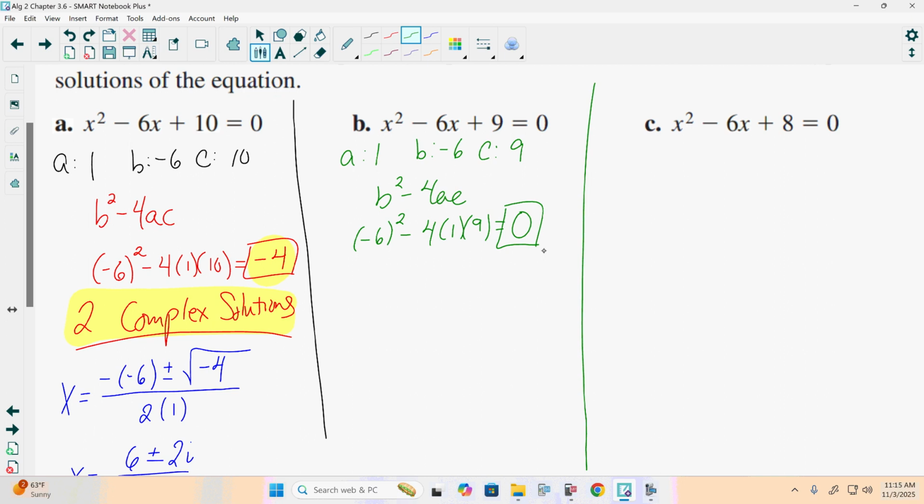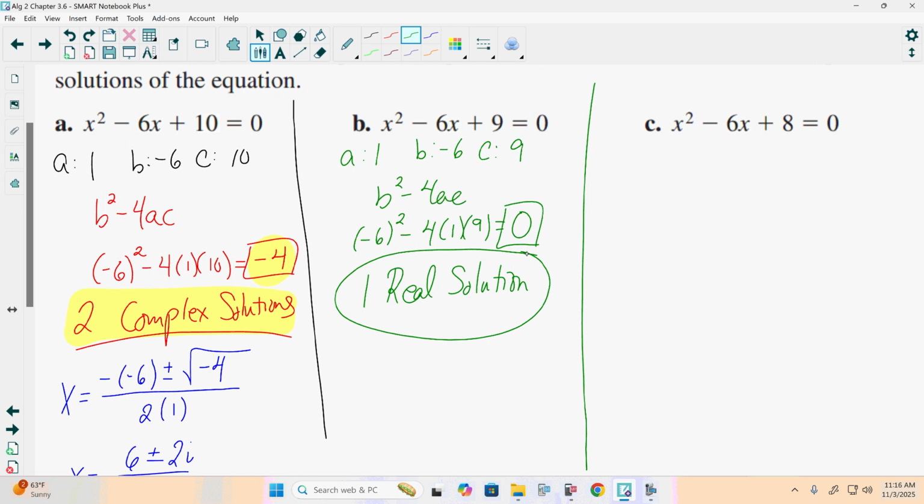So the value of the discriminant for this quadratic is 0. Since it's equal to 0, we have one real solution. And that's it. Really, we could say one real unique solution. There's still two solutions. They're just the same value.